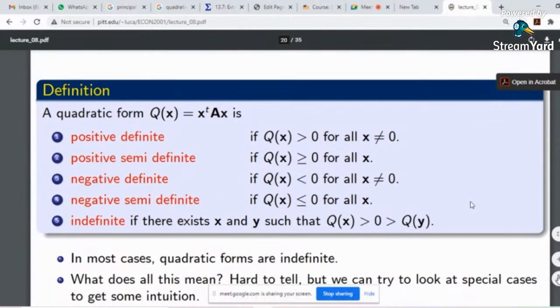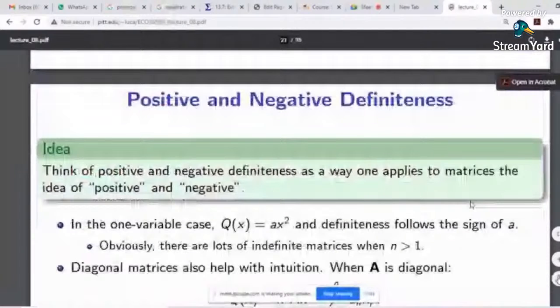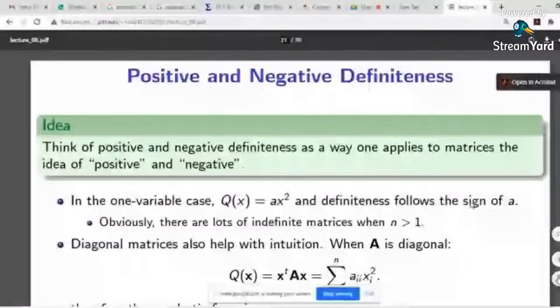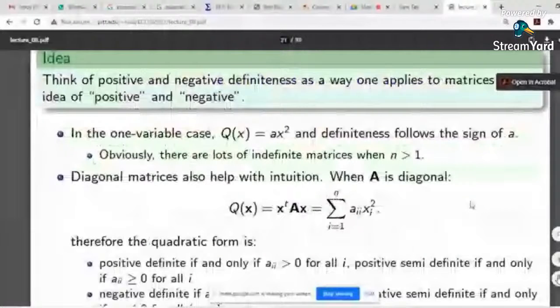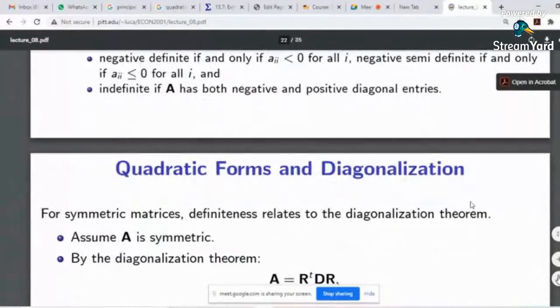Positive definiteness, positive semi-definite, negative definite, negative semi-definite, indefinite, etc. These are the conditions, positive and negative definiteness. This is the expression. Look at these conditions.